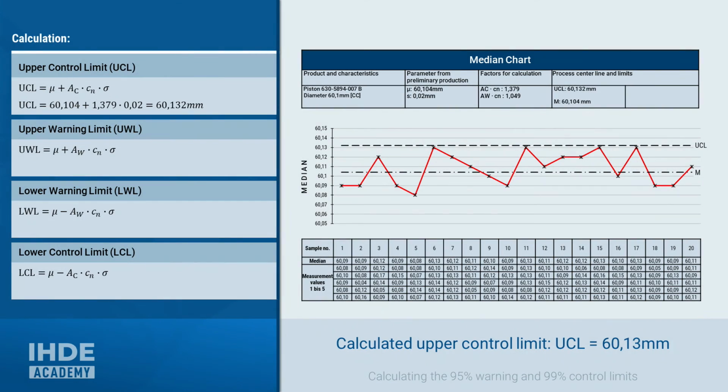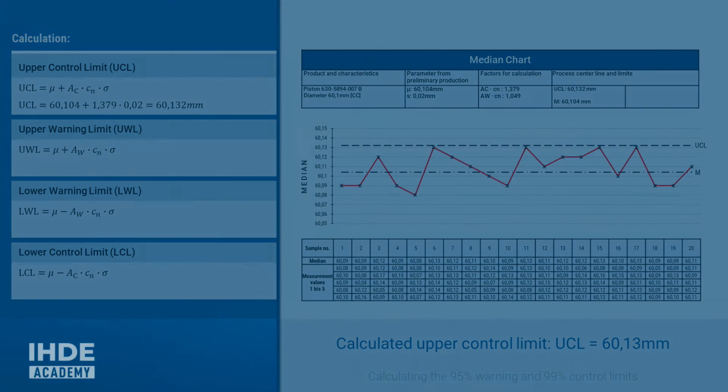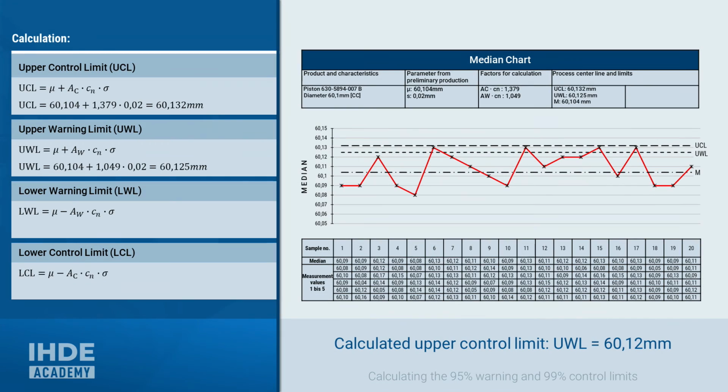If we now enter the values in the formula and calculate the upper control limit, the result for UCL is 60.13 mm. This upper control limit has already been drawn on the control chart. A value of 60.125 is calculated in the same way for the upper warning limit.